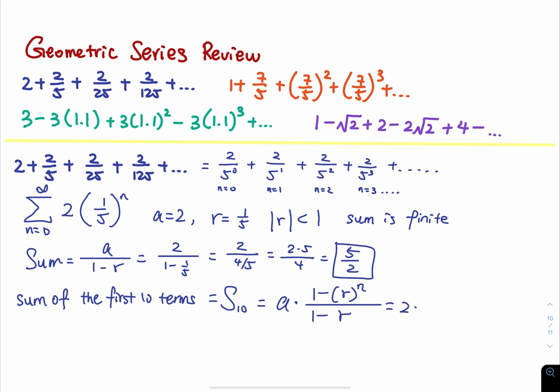So that will be 2 multiplied by 1 minus 1/5 raised to the 10th power, divided by 1 minus 1/5. So equal to whatever that equals to, that is the sum of the first 10 terms. So that means we are going from n equals 0 all the way to n equals 9, the sum of the first 10 terms.